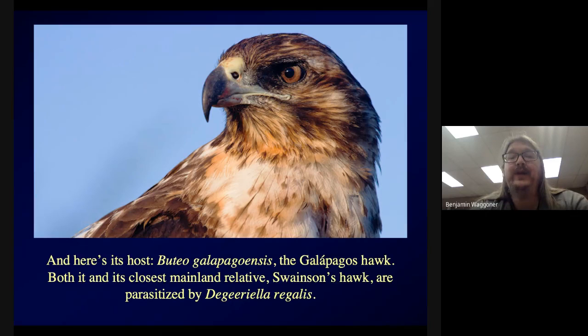Red-tailed hawks and red-shouldered hawks come to mind. There's also Swainson's hawk, which I don't know if we get much around here. You can ask Vicky if you want to know. And both the Galapagos hawk and its closest relative, Swainson's hawk, are parasitized by Digiriella regalis.